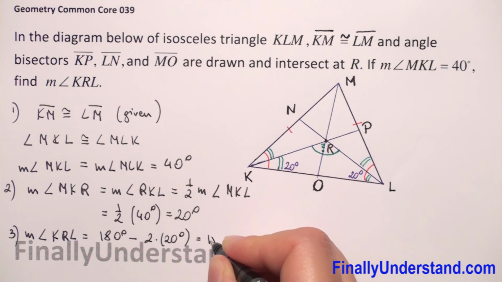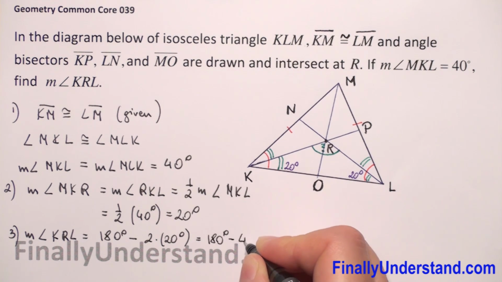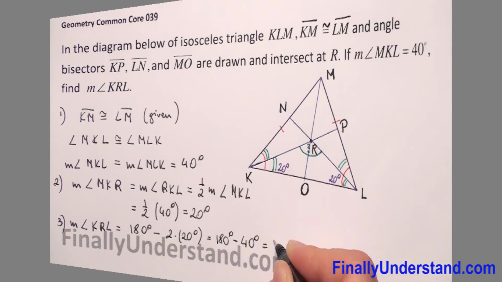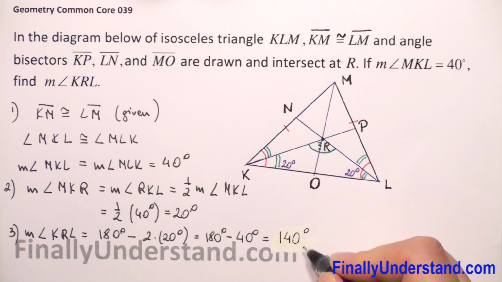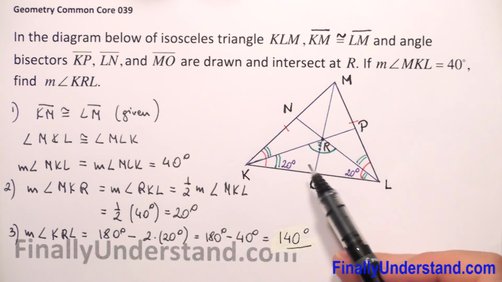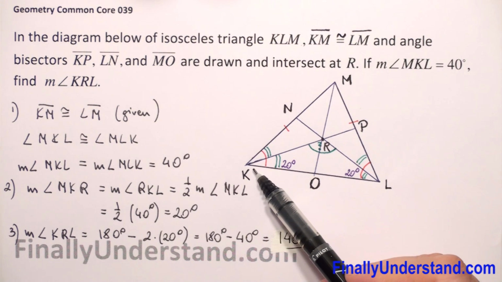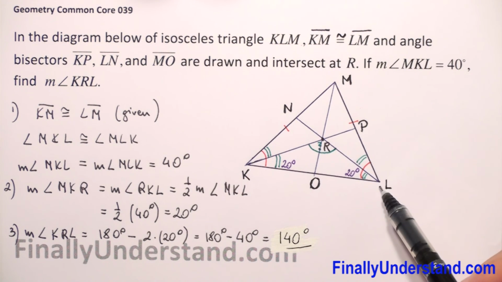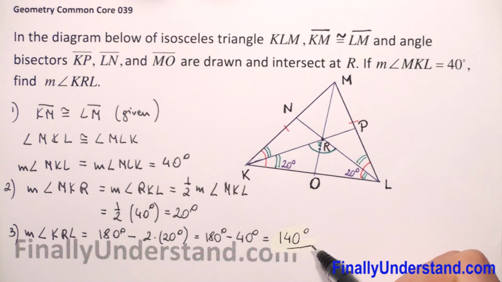So this is equal to 180 degrees minus 40 degrees. So we calculate that the measure of angle KRL is 140 degrees.